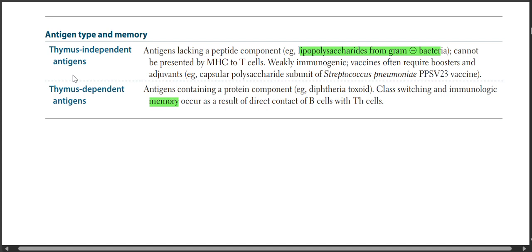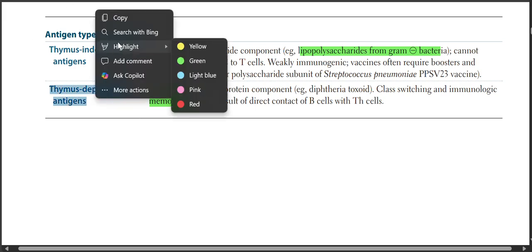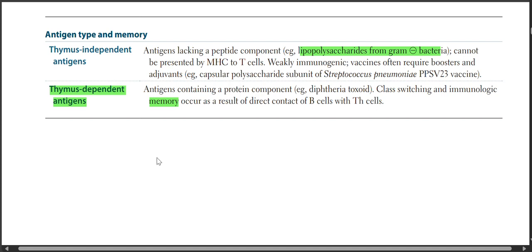Thymus independent is all the general infections that we have. So memory cells and dependent, that is the part of the adaptive immunity. Now let's say I want to give someone a vaccination. Which of these should I prefer, the independent or the dependent? Dependent. Yes. And why do you think dependent?